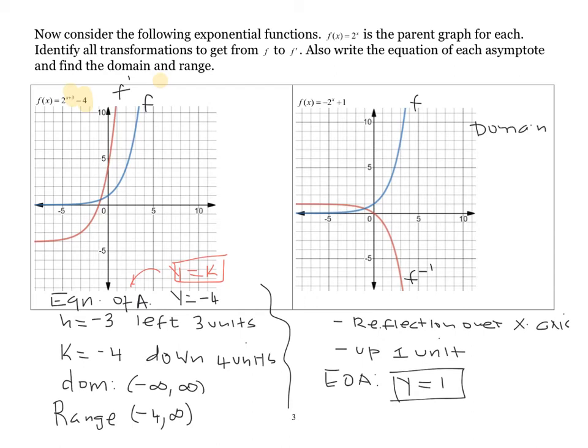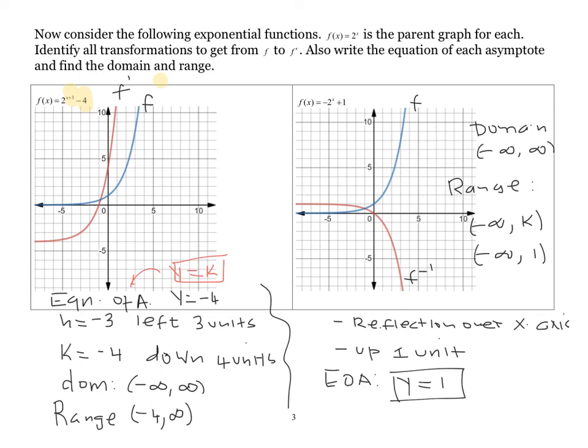The domain stays the same for these functions, but for this one, the range is going to be from negative infinity, because you always start from the bottom, up to whatever k value you have. This is going to be negative infinity to 1.